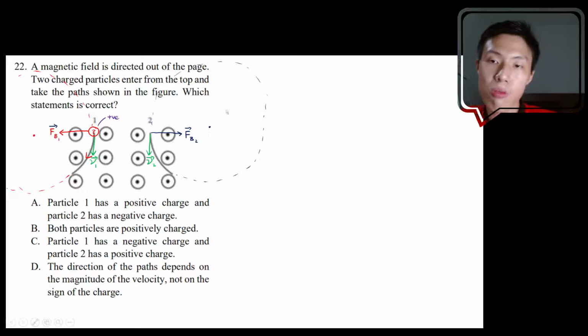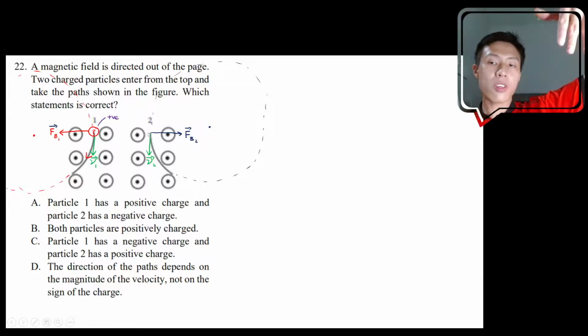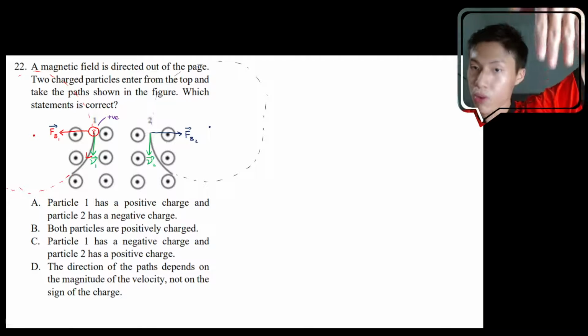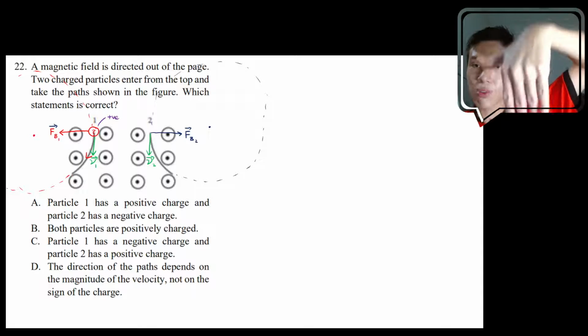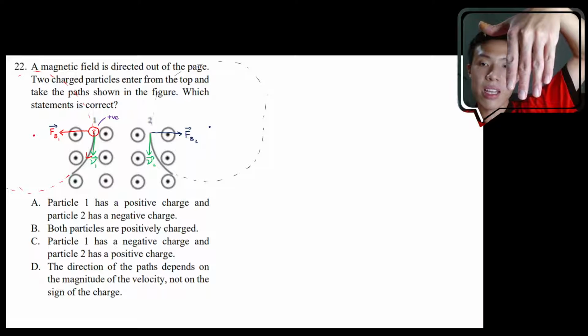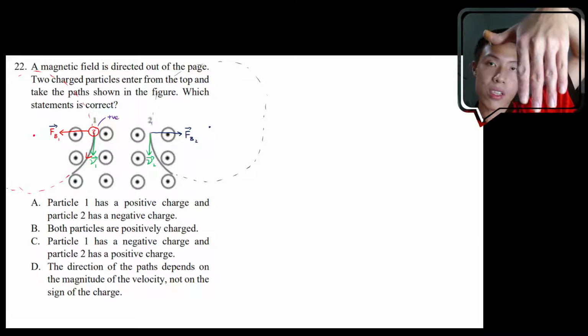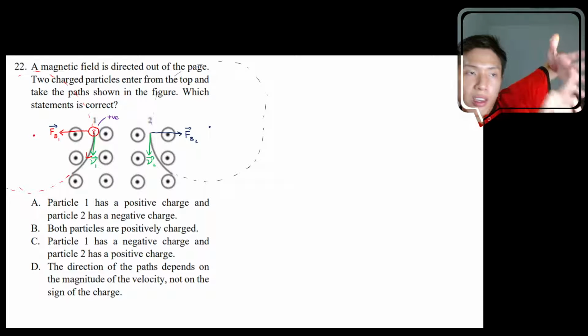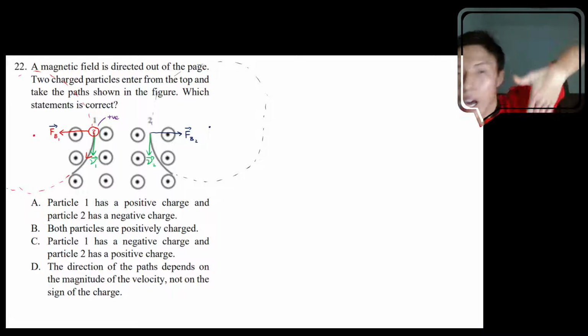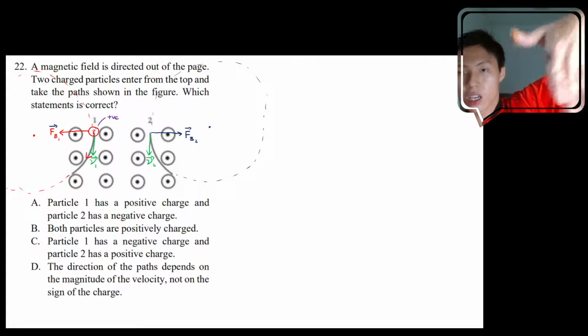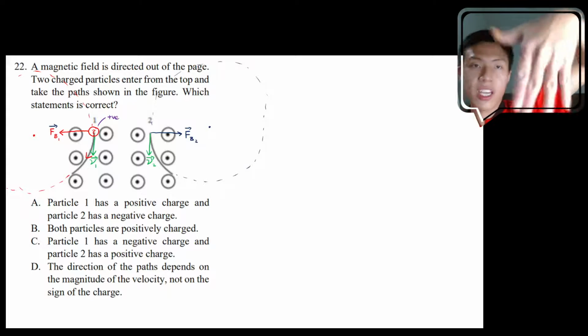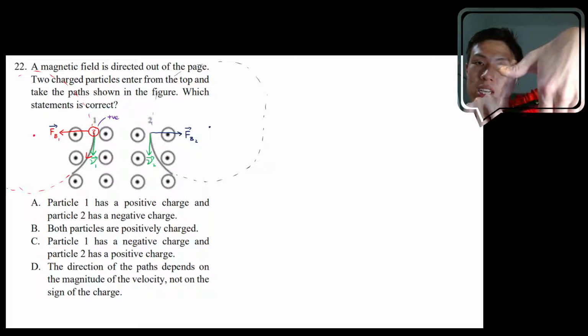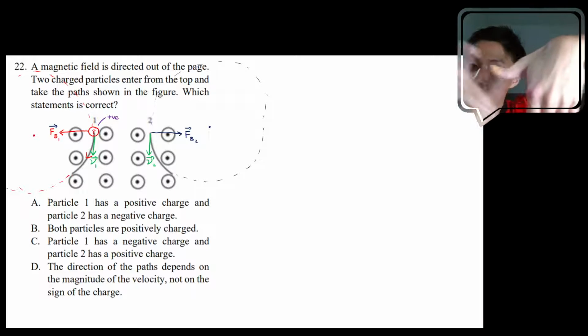Then let's move on to particle 2 over here. The direction of the velocity is also pointing downwards, so my fingers are pointing downwards as well. The magnetic field is pointing out of the page, so my palm is pointing out of the page, and my thumb will be pointing to the left.